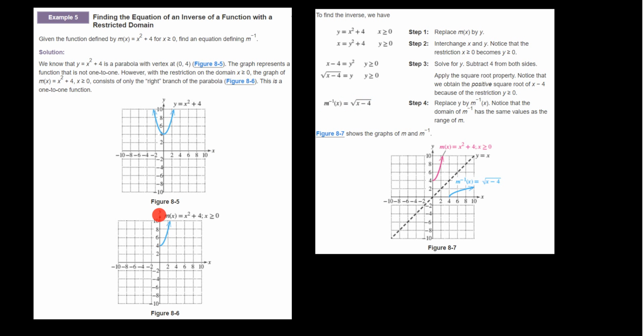Since we have the graph, no big deal, we can also try to do this. This red line becomes the line that I reflect my function about, and again, it's just this dotted line here.